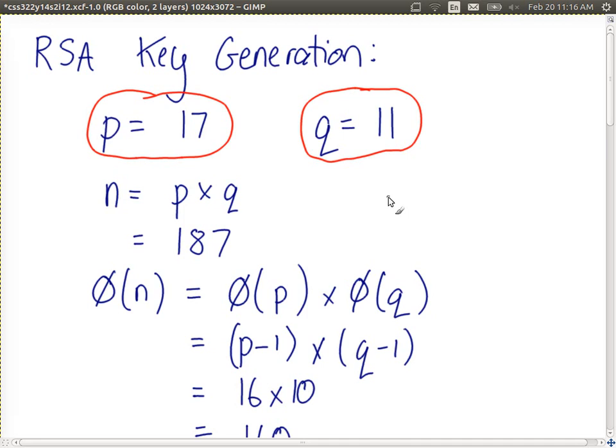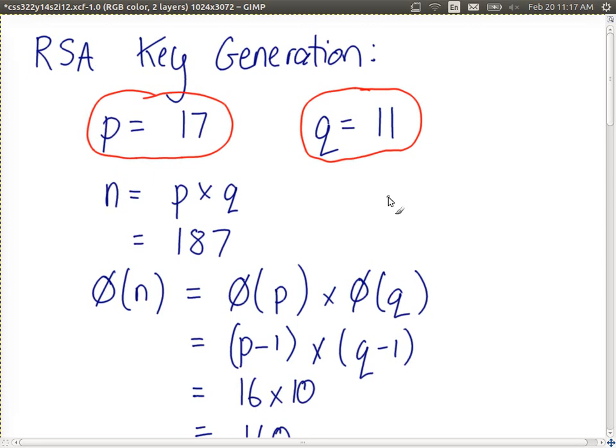So if you know N, 187, how do you find P and Q? So if I gave you 187, what would you do? You'd try and find P and Q by finding the 2 prime factors. But we said in number theory that's a difficult problem when N is large. If you have a very large number, to find the 2 prime factors, P and Q, is practically impossible if those numbers are large enough.